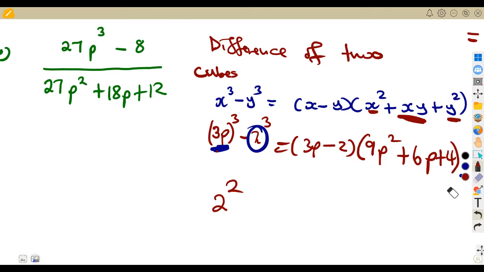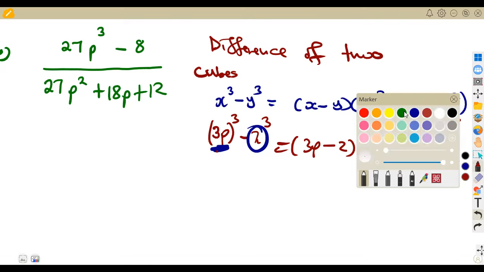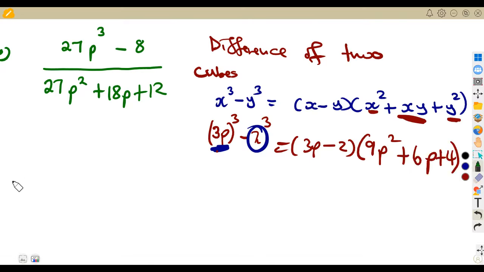So that's how you use this formula of the difference of 2 cubes to factorize whatever you want. Once you can do that, you'll be able to factorize any difference or sum of 2 cubes, not the difference of 2 squares. No, the difference of 2 cubes.